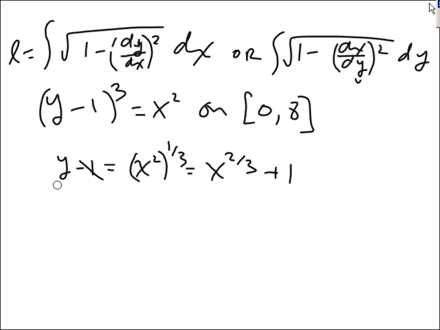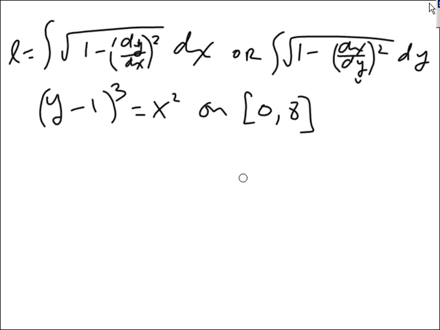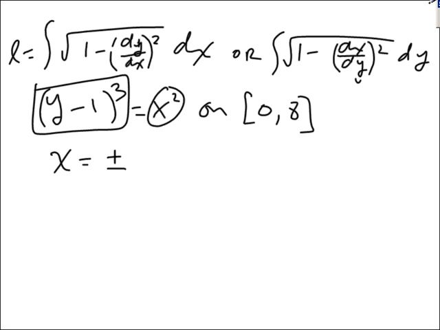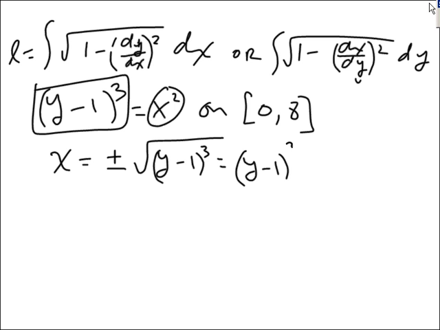However, let's try to use the second formula for this problem. Let's just take the square root of both sides. We know then that x is equal to plus or minus. If x squared equals anything, then x equals plus or minus the square root of that anything, which is y minus 1 to the 3/2, plus minus.